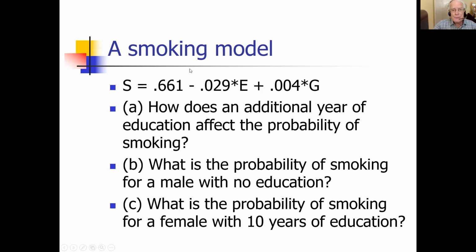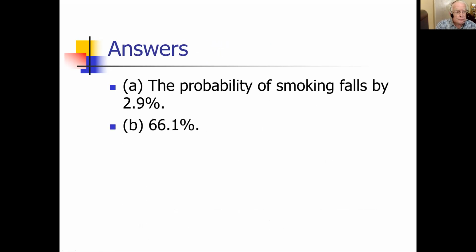So all that remains on the right hand side is the intercept. In this case, the intercept is 0.661. So the probability of smoking for the male with no education is surprisingly high, over 66%.